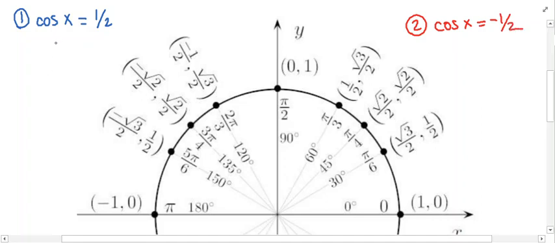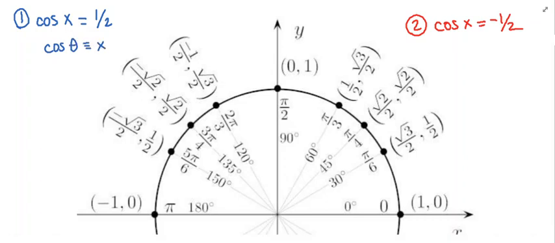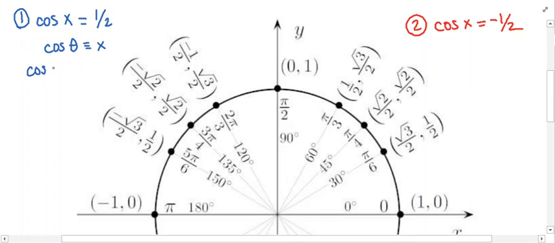We know that the cosine of x is associated with the x coordinate. Here cosine of x is 1/2. The cosine value is positive, so cosine is positive in quadrants 1 and 4. That's where we need to be looking.